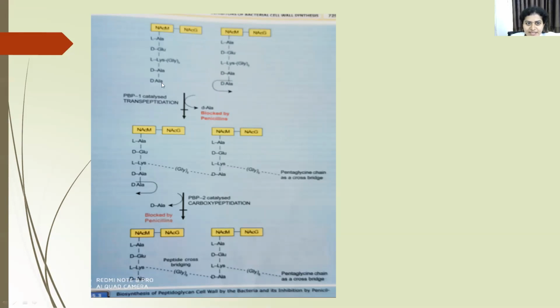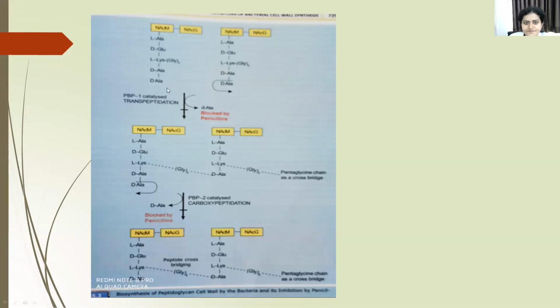The peptidoglycan is composed of two amino sugars, that is N-acetyl muramic acid and N-acetyl glucosamine, and they have the pentapeptide chain. You can see 1, 2, 3, 4, 5, the pentapeptide chain, which is linked to N-acetyl muramic acid.